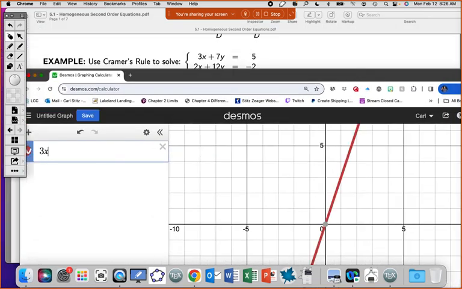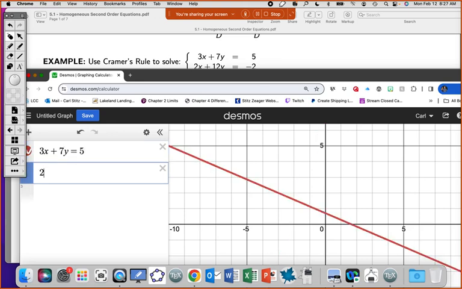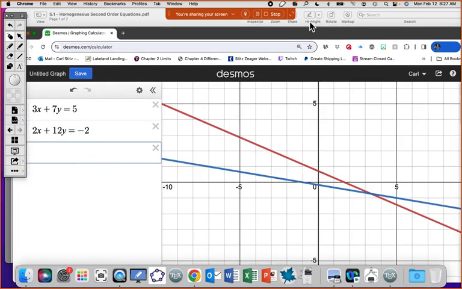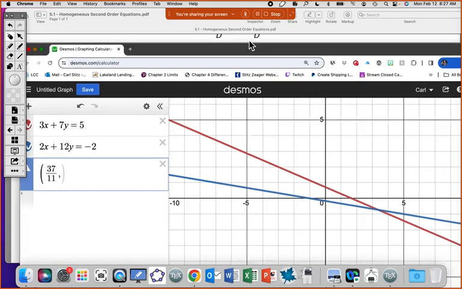So I got 3x plus 7y is 5. 2x plus 12y is negative 2. And if I plot the point, what's going to happen here? If I plot that pair, 37/11, comma, was it negative 8/11?